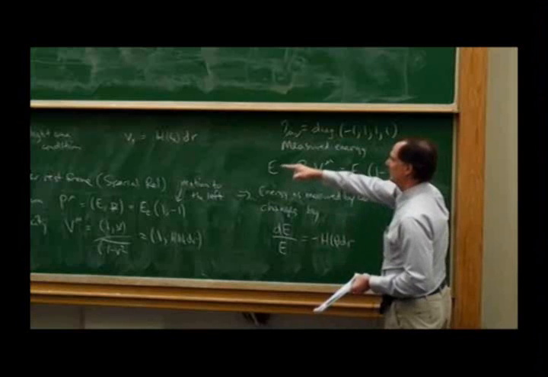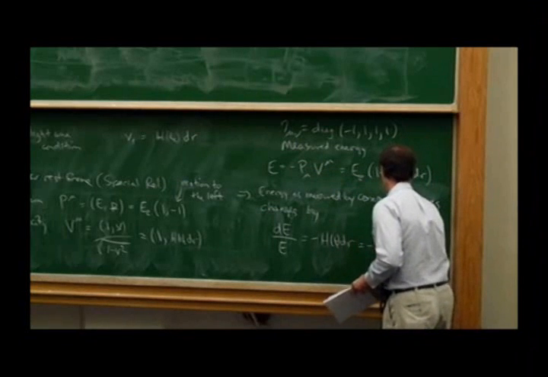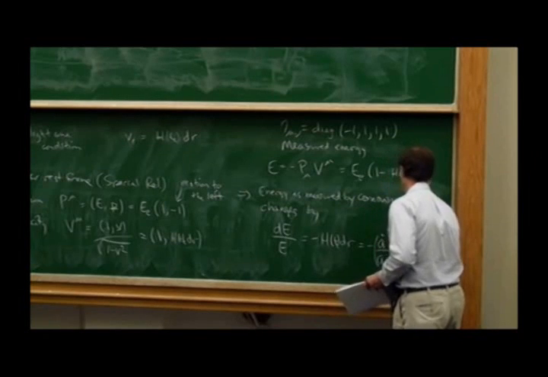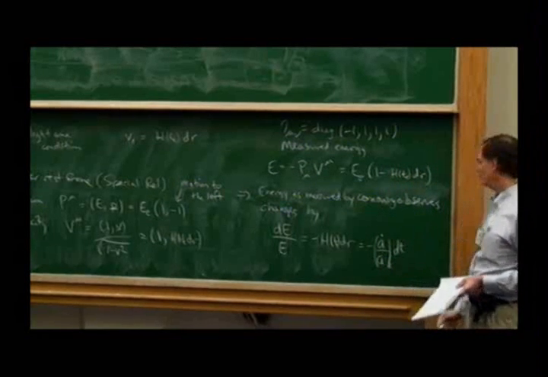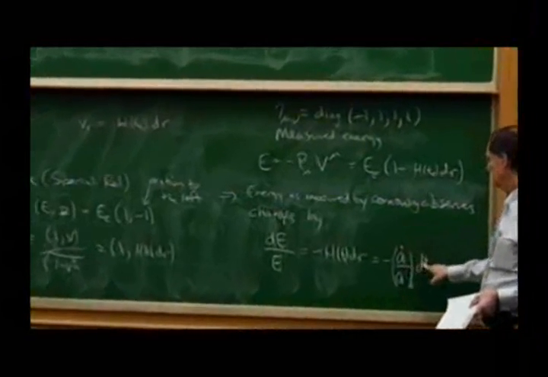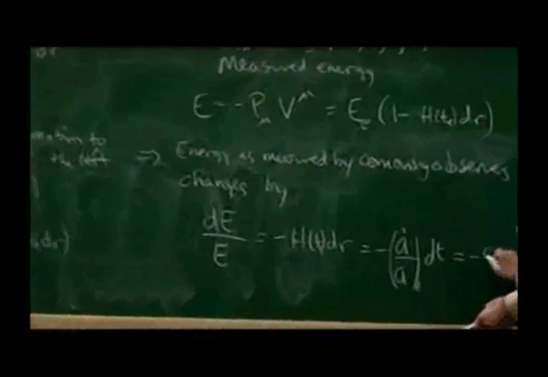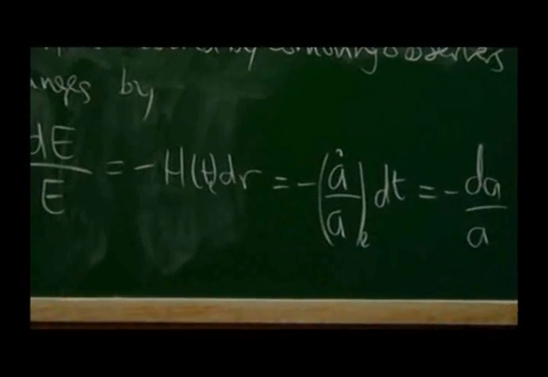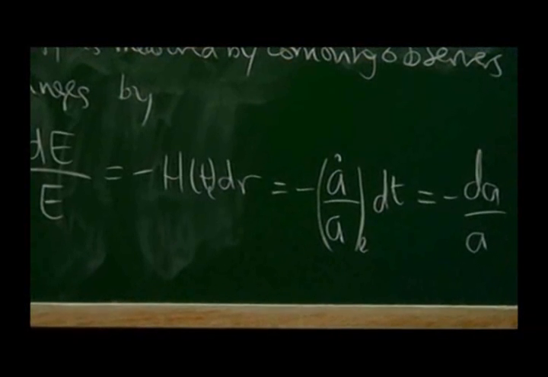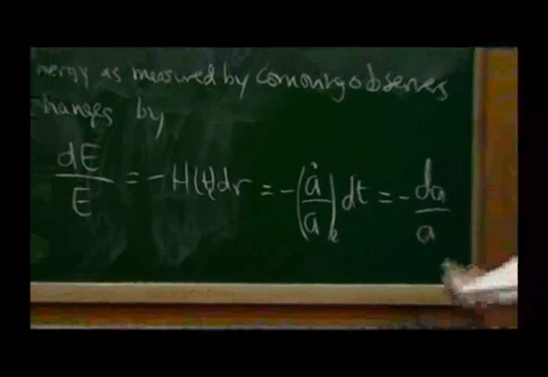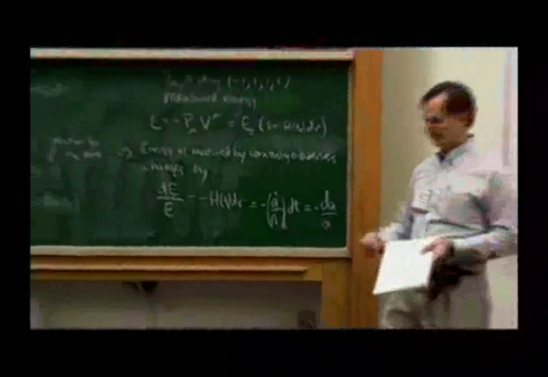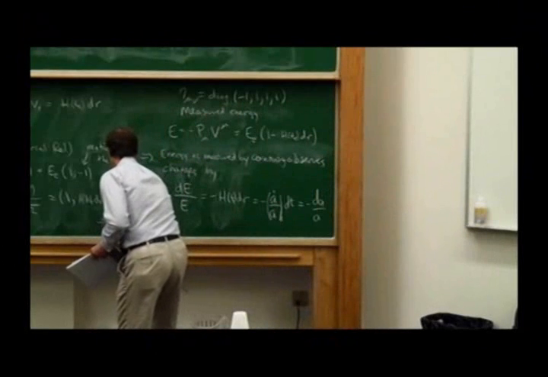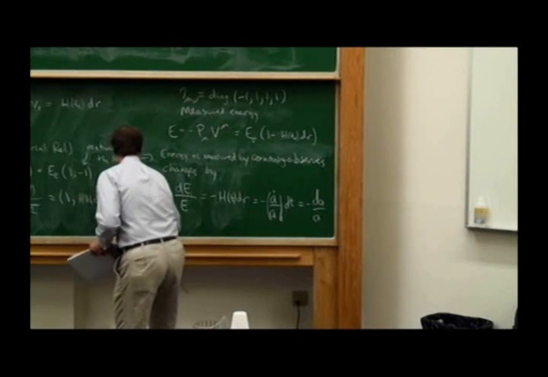Okay, but dr is dt. And h is what? A dot over A. So I have A dot dt over A. dE over E is minus dA over A. That is, as the universe expands so that A increases, the energy of a photon as it passes each co-moving observer decreases, such that E times A is constant.